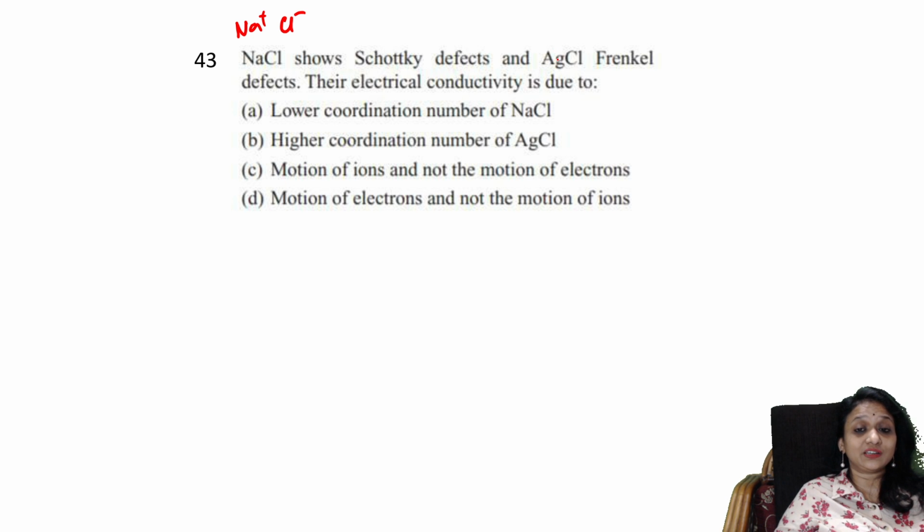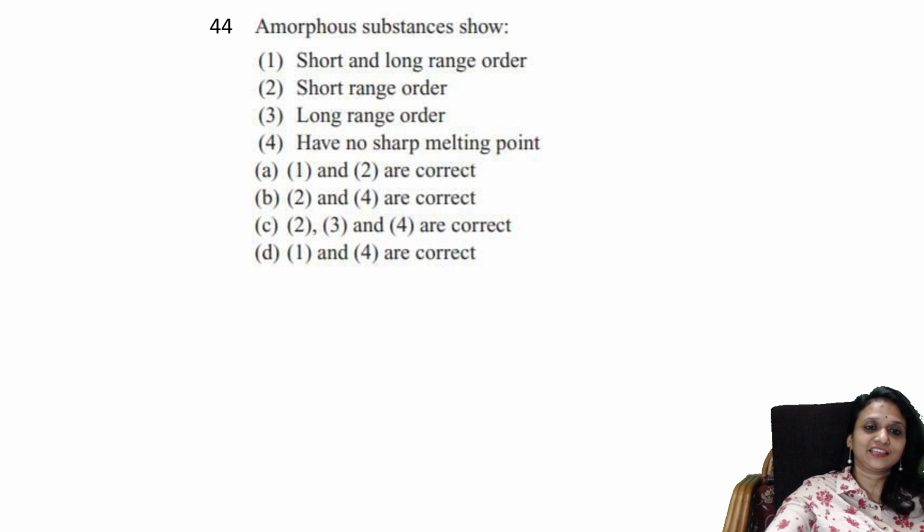It's covalent. Correct. So what will be there in this case? Electrons. Perfect. Electrons are transferred and it forms a covalent bond between them. So what is the correct option? Yes. The defect in NaCl is due to ions. The defect in AgCl is due to electrons. Perfect. Alright.